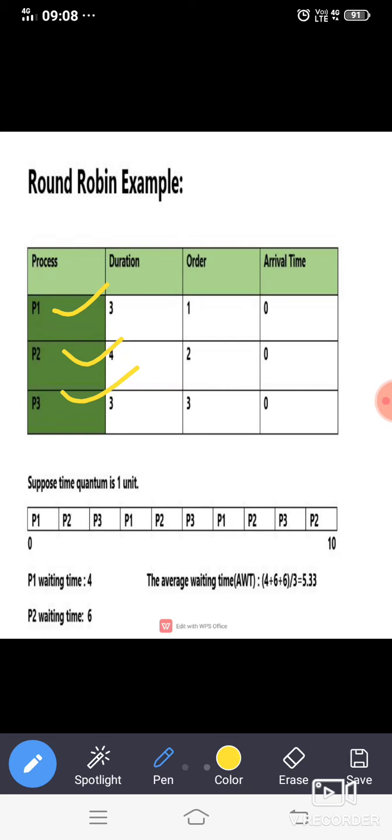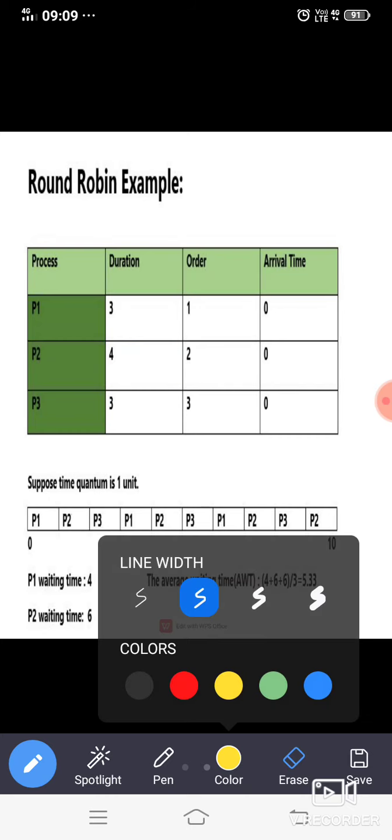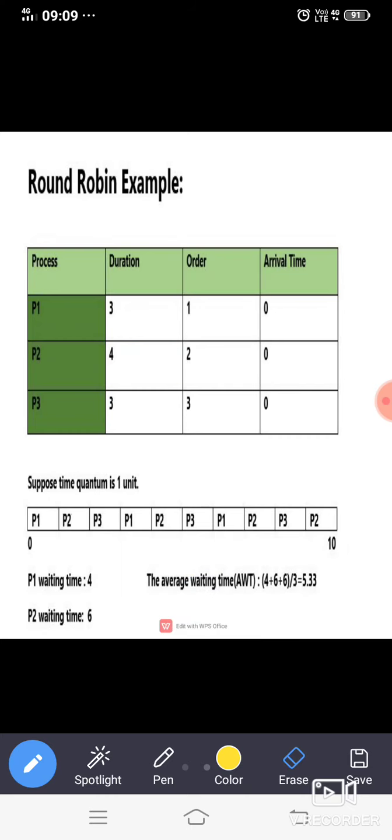Let us look at the duration of each process. Process P1 will be completed in 3 seconds, process P2 in 4 seconds, and process P3 in 3 seconds.